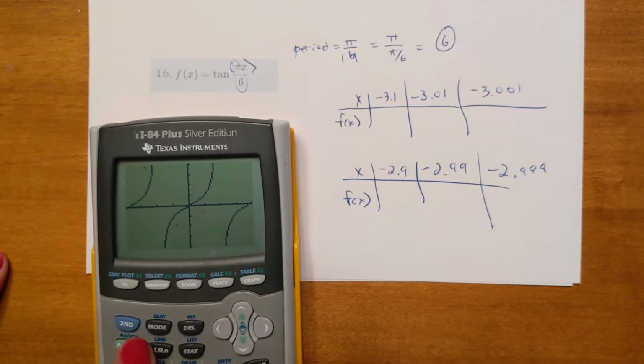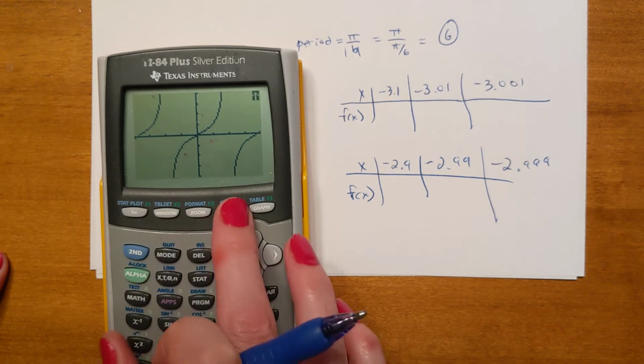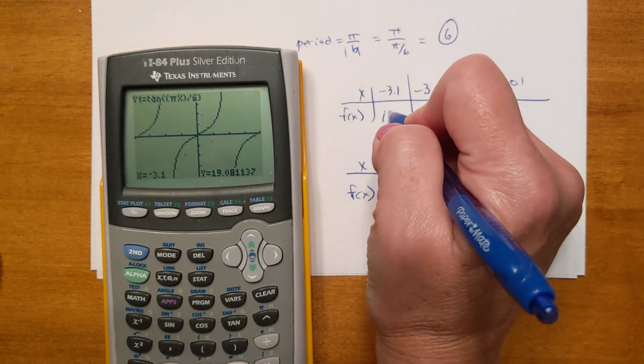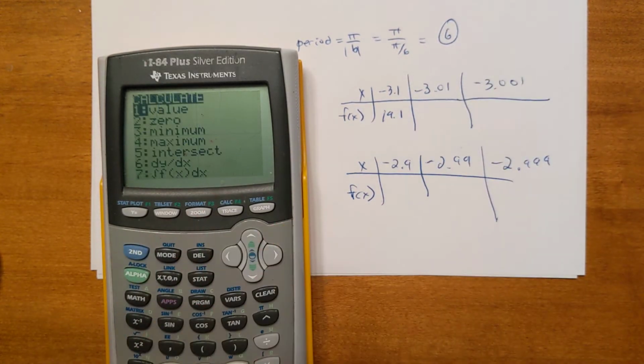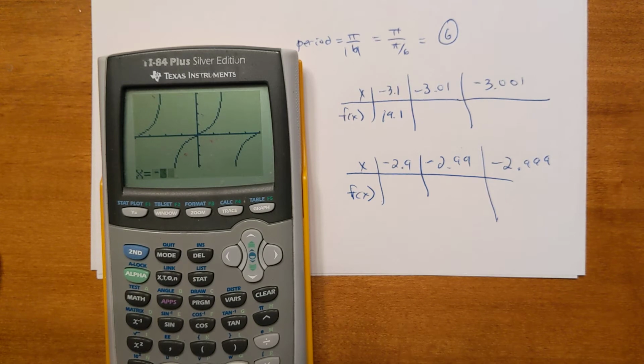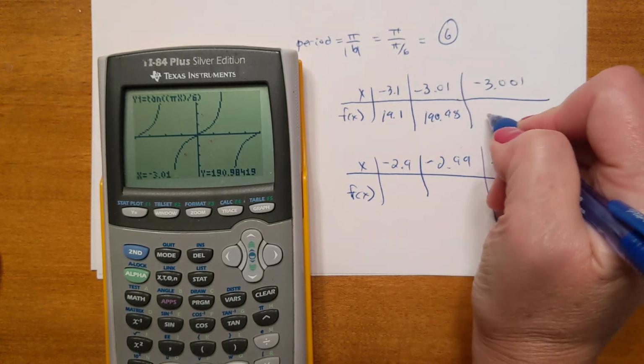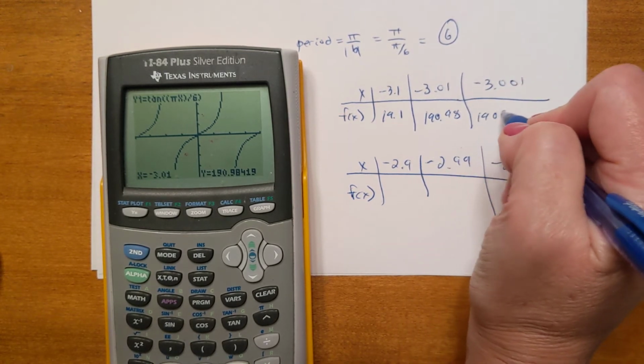So when we put the numbers in the calculator here, second, calculate the value of -3.1, we get 19.08 or 19.1. Do it again for the next one, -3.01. You get 190.98, and if you do the next one, you get 1909.